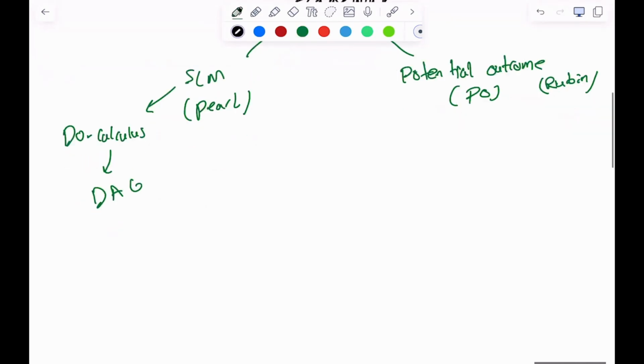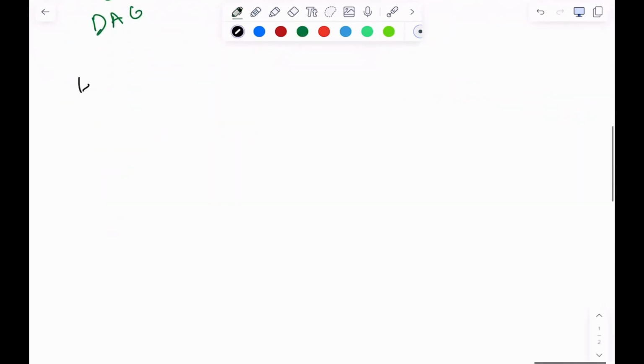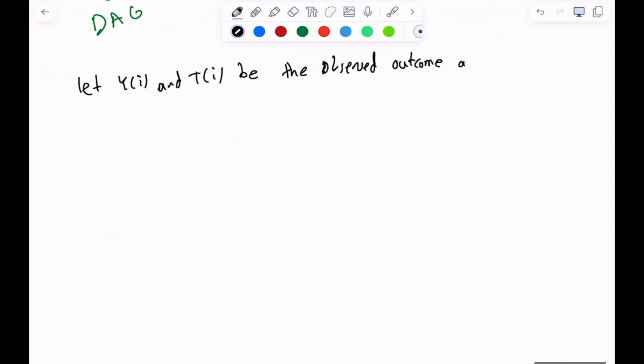Now, let's have some definitions here. Let y_i and t_i be the observed outcome and corresponding treatment for unit or individual i.